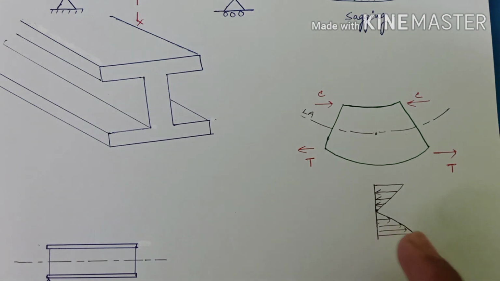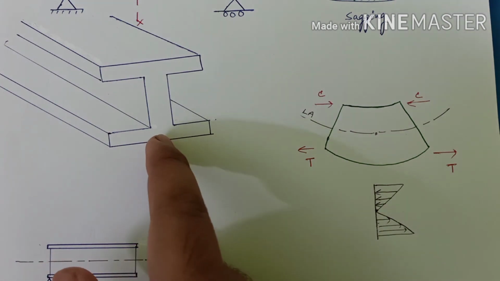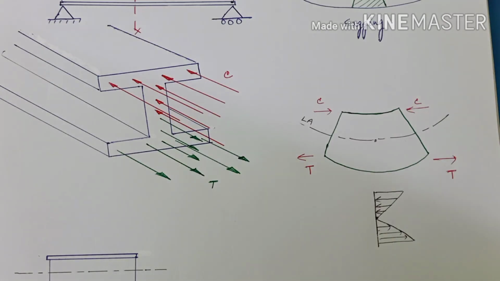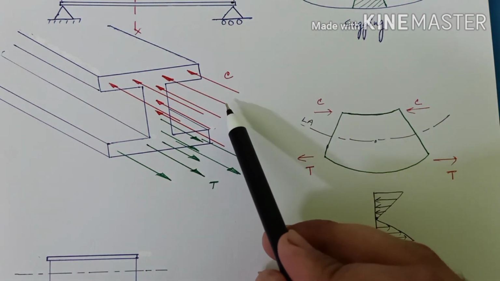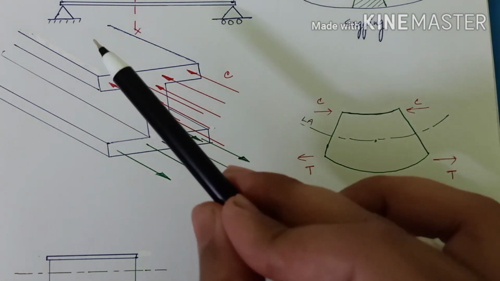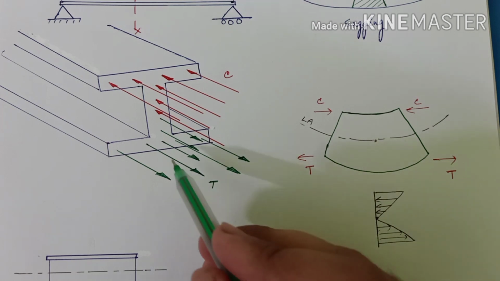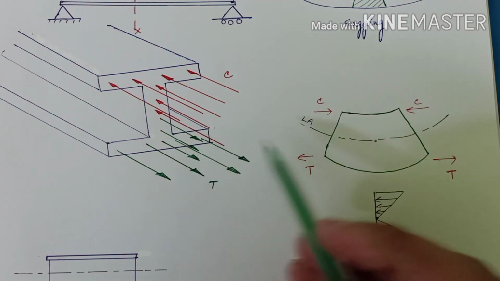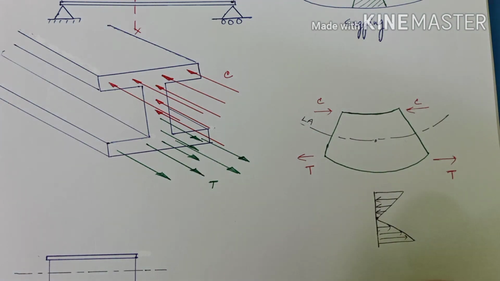If you want to plot this into the 3D diagram, how would it look like? Let us see. We will be getting something like this, right? In red I have tried to plot the compression that is acting in the inward section, see, and the green ones are the tensions acting in the bottom portion of the beam. So can you guess something? What will be the result of this?